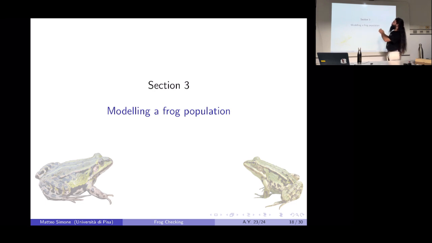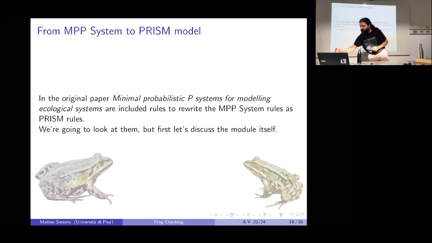Now we will take the model we had last time in frog computing and make it into a Prism model to do some frog checking. In the original paper, there was the nice MPP system that I've used to make the Prism model.